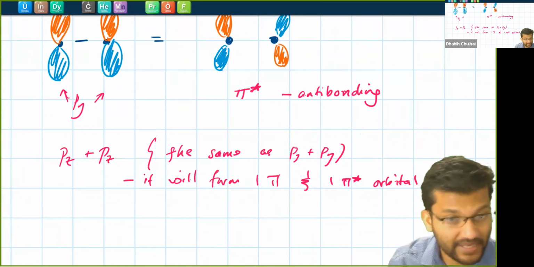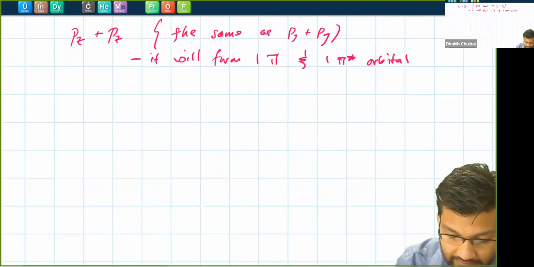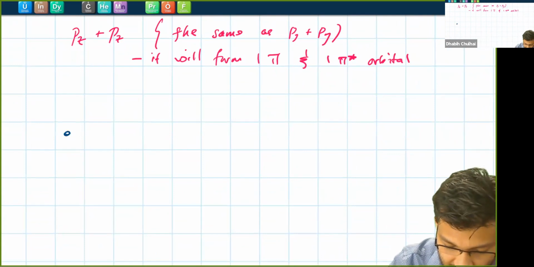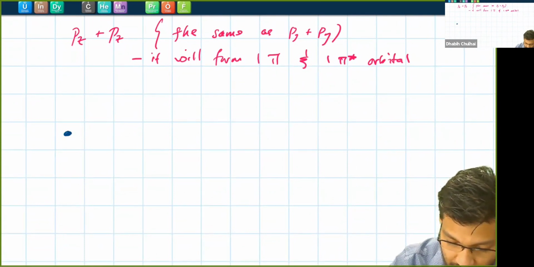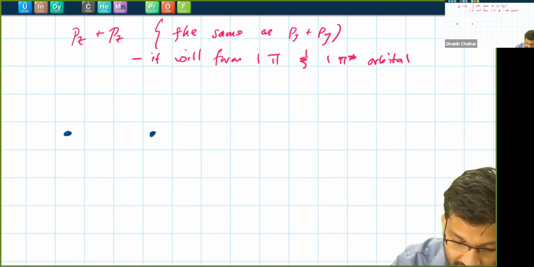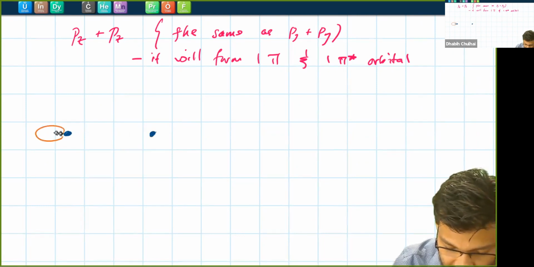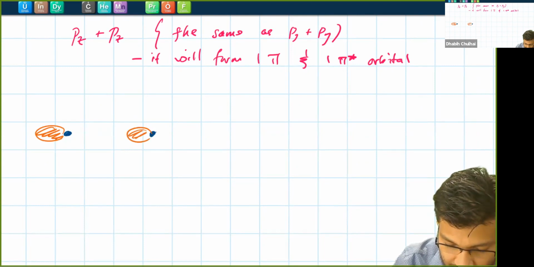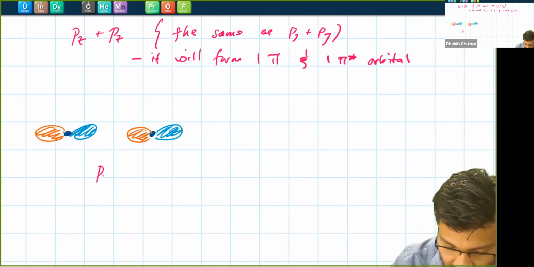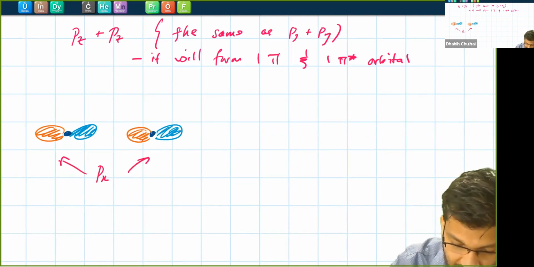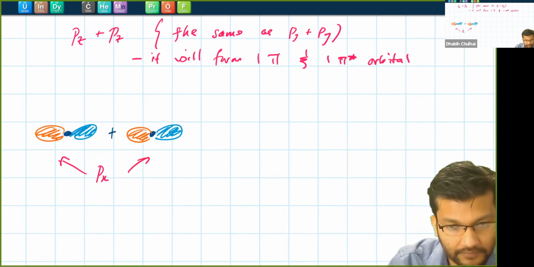So let's look at the px case, right? So here's my nucleus. There's my nucleus. Let's space them out a little bit more. For px, right, here's the positive part. Same for this atom. Here's the negative part. So these are px orbitals, both of them. And we're going to add them together.